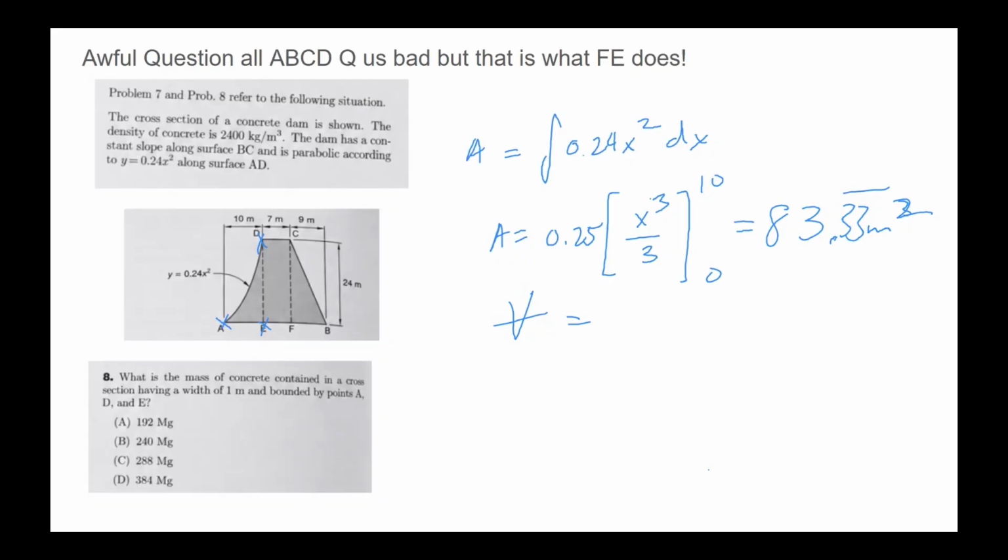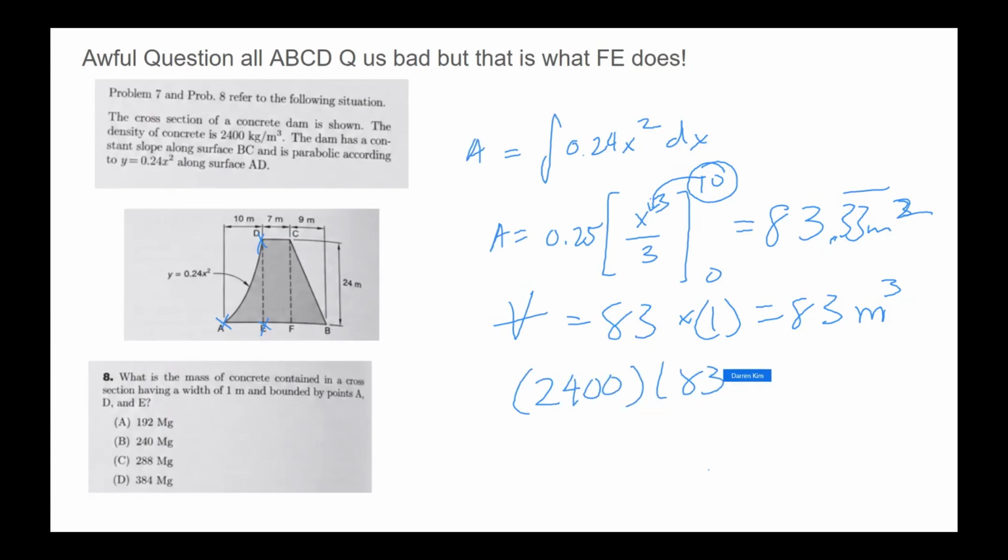Always make sure that your math makes sense, because that didn't make sense: this was 10, and 10 times 10 is 1,000, divided by 3 is about 300, minus 0, and then multiplied by 1/4, so it has to be smaller than that. Anyways, 83 is our volume because you multiplied that by 1, which equals 83, and it's going to be meters cubed. We're just being more accurate with ourselves. And then we have to get our density involved, so 2400 multiplied by 83, whatever that equals.